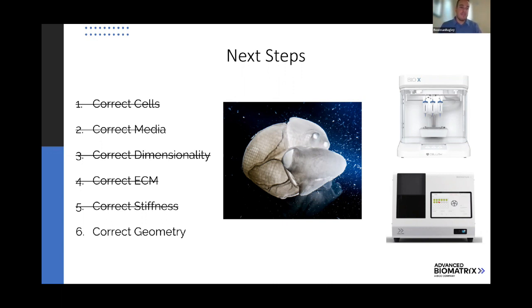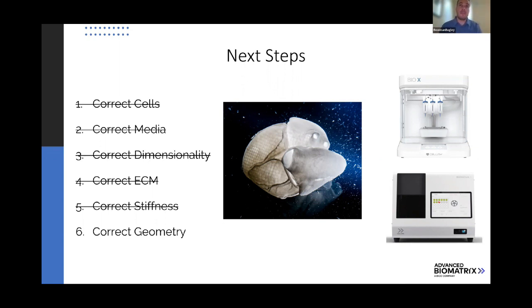And when you start combining cells and media and the three-dimensionality and the right proteins and the right stiffness in the right shape, we're just that much closer to having the most physiologically relevant human tissue models for drug delivery, drug studies or toxicology studies. And we're just getting that much closer and advancing our science just that much more.